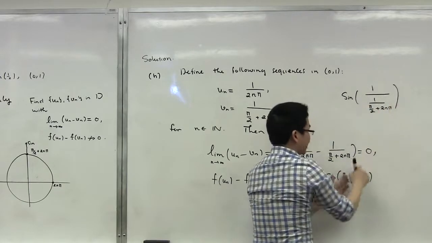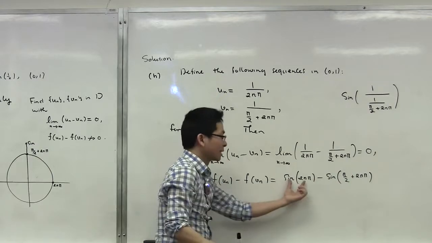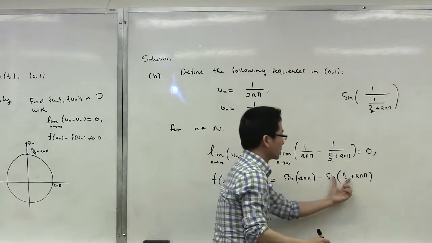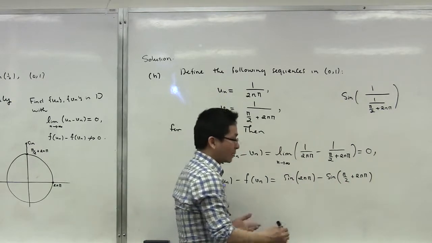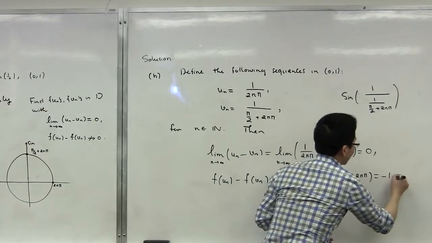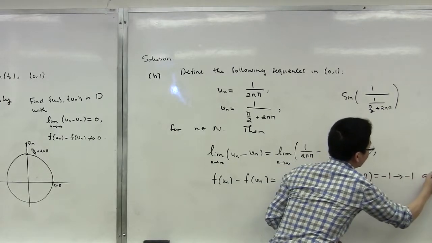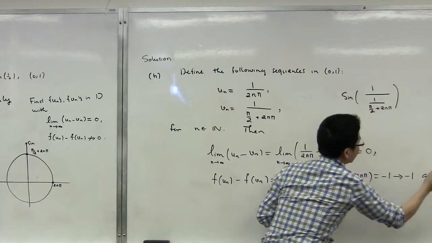So that's why we get this. As you can see, this is 0 and this is 1, so this is minus 1, and it converges to minus 1 as n approaches infinity.